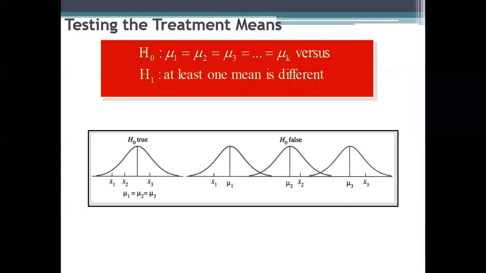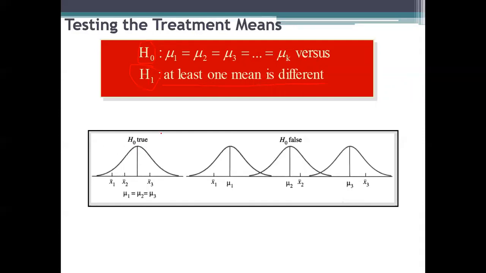So now the null hypothesis is mu1 is equal to mu2, mu3, until mu k. And for H1 or HA, the alternative hypothesis, we will usually predict the situation that is contrary to the null hypothesis. So we will predict that at least one mean is different from the other means. So that is the hypothesis.